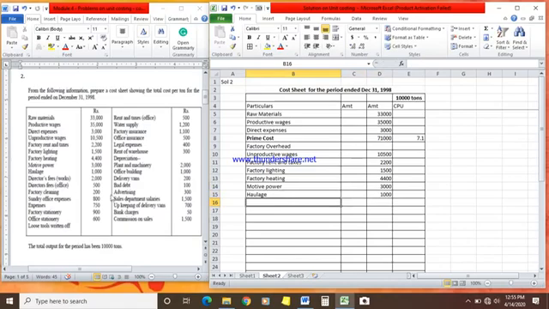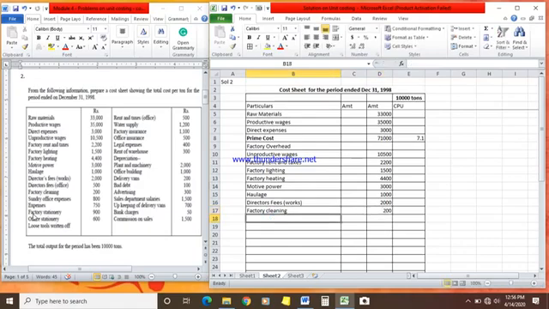Then I'm going to look into the other ones, that is directors' fees, works, 2,000. Then factory cleaning. I'm going to select only those items which form a part of factory overheads. So factory cleaning, 200.